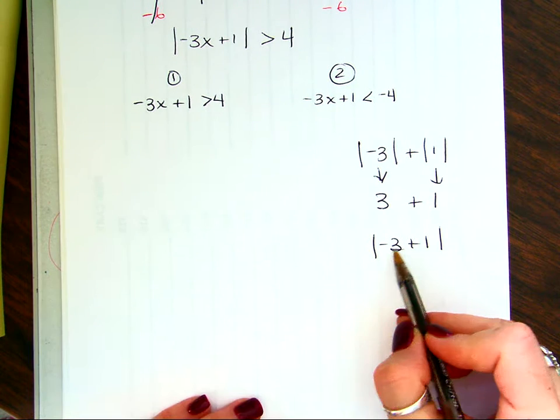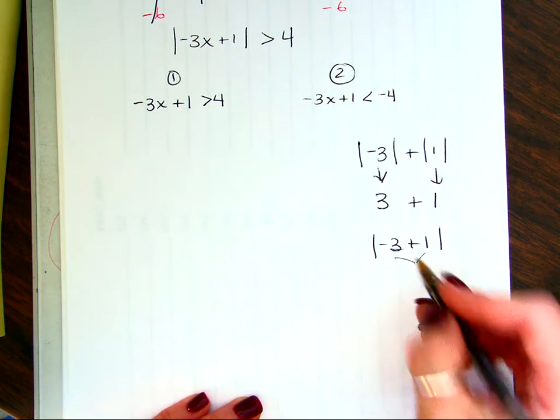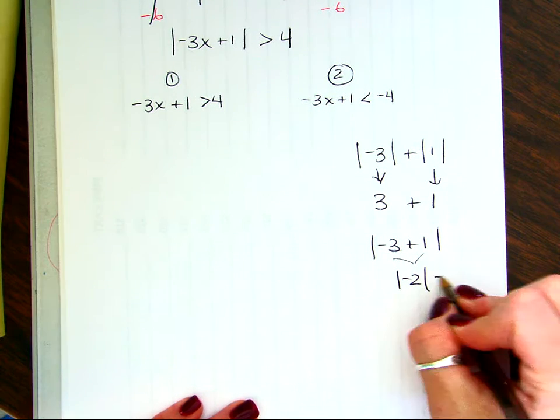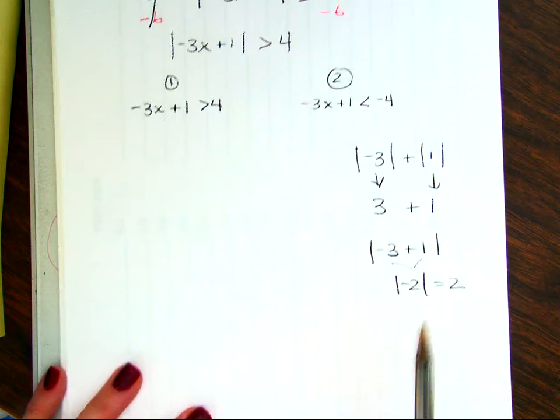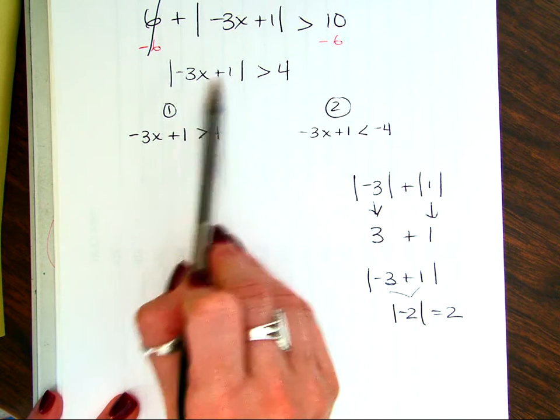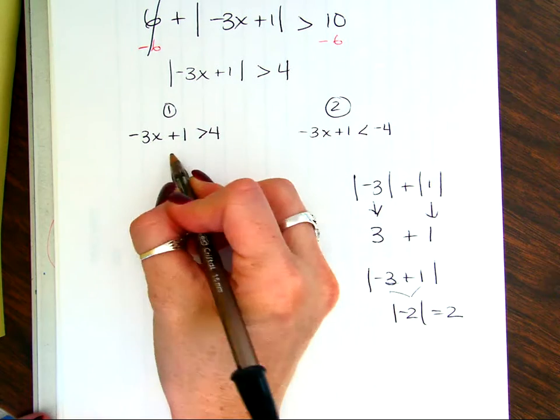So I'm not going to take the absolute value of each term. I'm going to do negative 3 plus 1, which is negative 2, and now take the absolute value of that sum. When it's a term by itself, yeah, it has to come out negative. But when it's part of that expression, it remains what it is for right now.